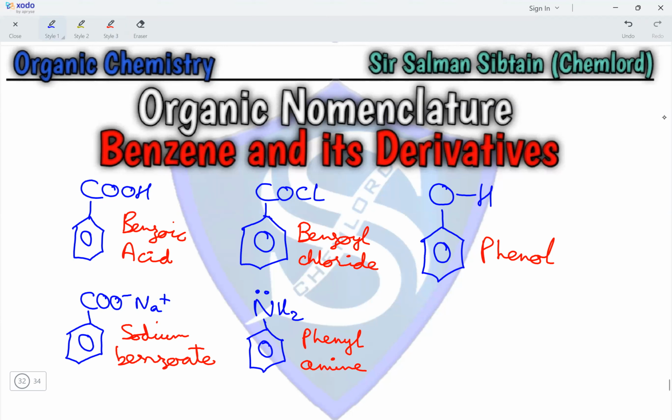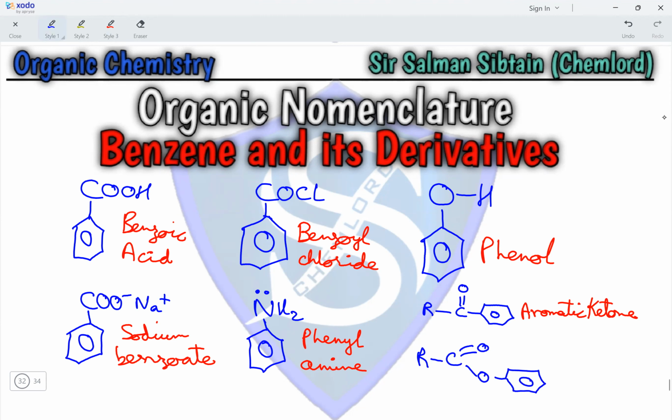If we have a ketone in which one of the R groups is a benzene ring, this compound is generally known as an aromatic ketone. And if we have an ester in which the C double bond O single bond O ester group is attached to a benzene ring, this compound is known as a phenyl ester.